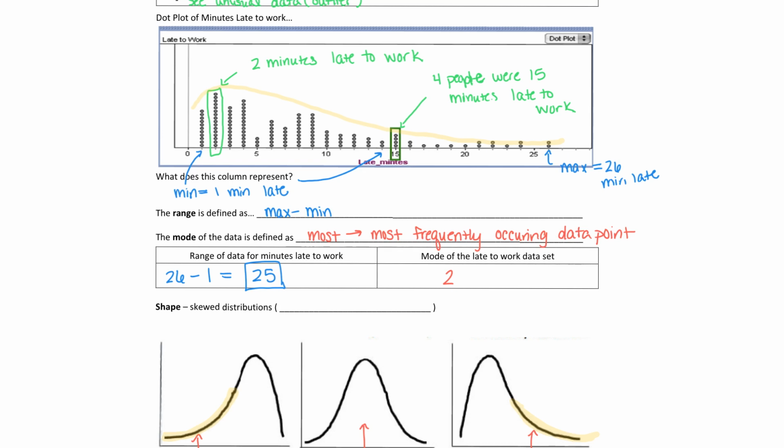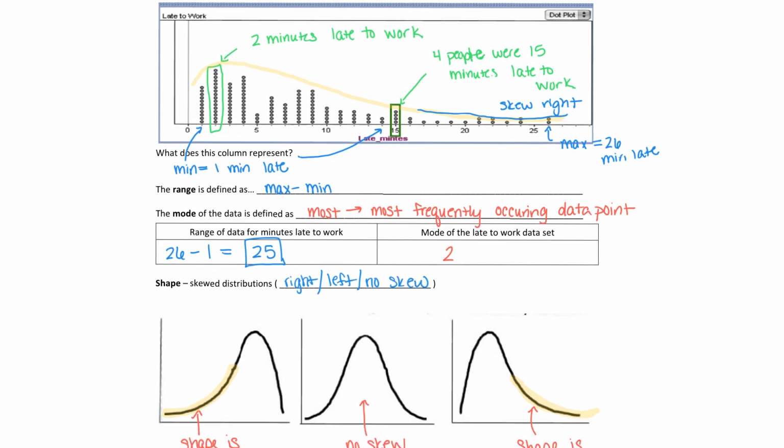It looks like it is skewed to the right because I see this tail right here. So this data set is skewed right. So here in your notes where it says skewed distribution, you can say skewed right, skewed left, or no skew are your options. And our data set for late to work is skewed to the right.